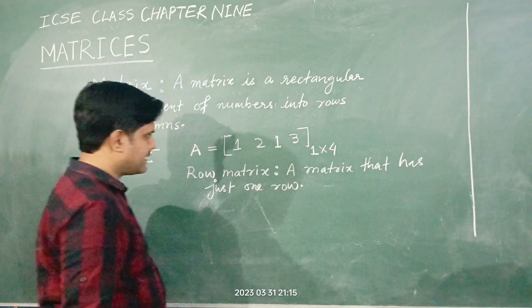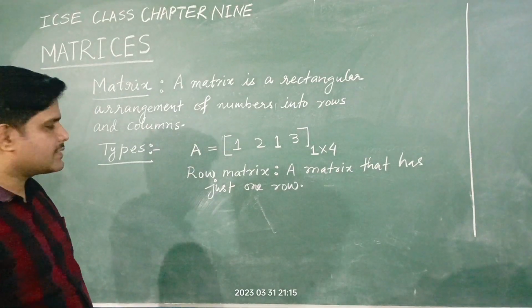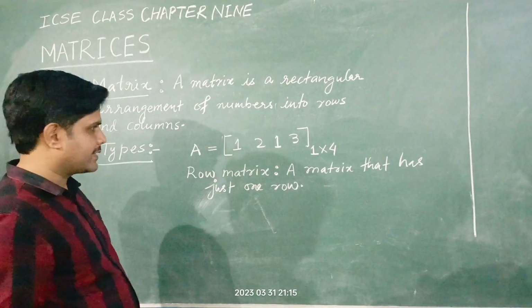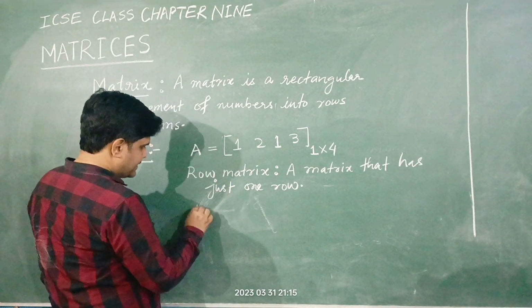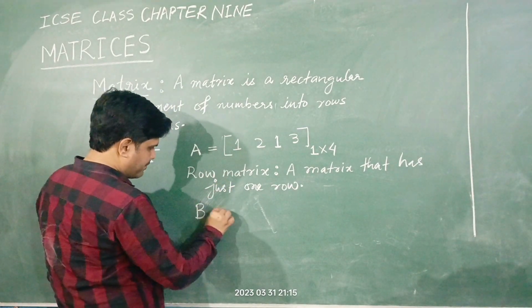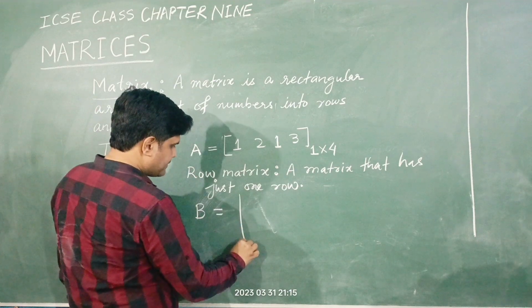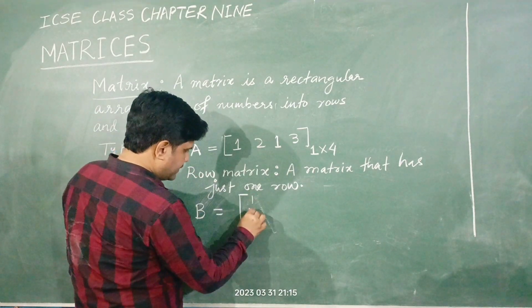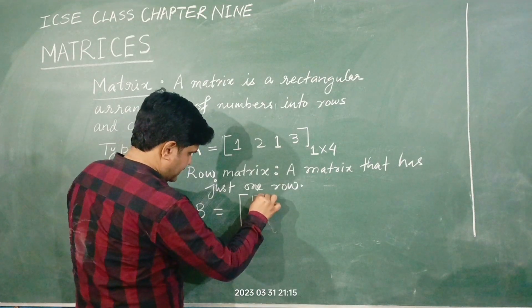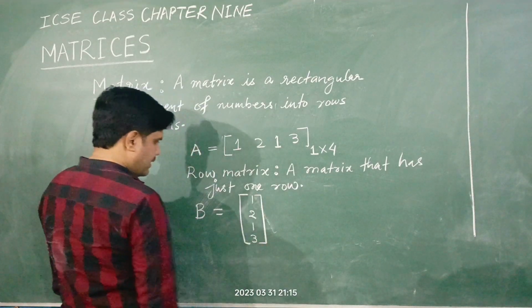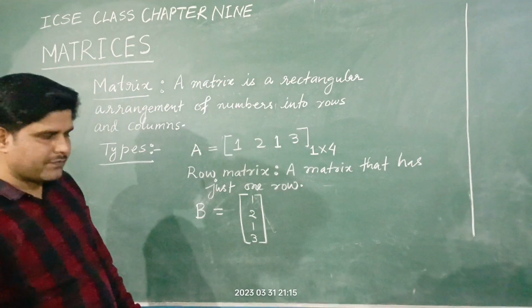You clearly see the example written above, and then you can understand what is a row matrix. Likewise, we have another type of matrix which you can easily guess. Here I am using the letter B to denote the matrix. 1, 2, 1, 3. Let's say the entries are the same.